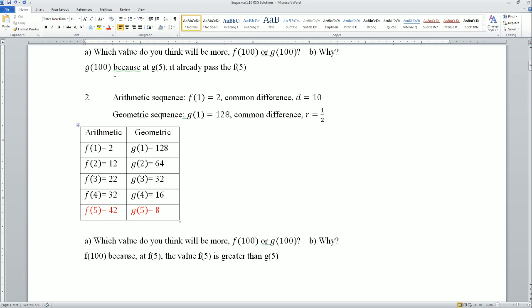Good? Because the geometric sequence is just going to go down, the arithmetic sequence is just going to go up. So, of course, here the arithmetic sequence is going to be more.